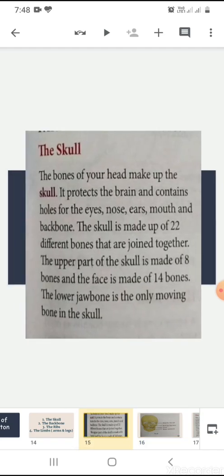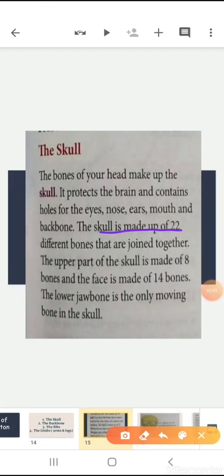The skull is made up of 22 different bones that join together. Alright. First of all, the skull protects the brain and contains holes for eyes, nose, ears, mouth and backbone.